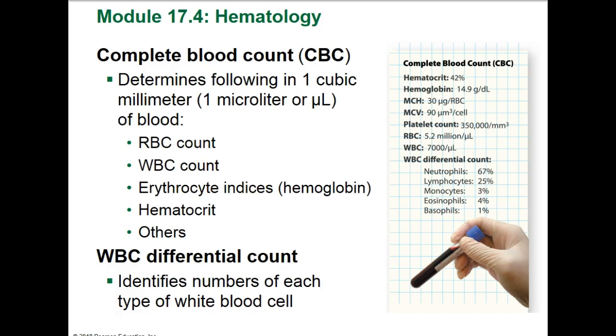And you see some of the normal ranges found over here on the right. And quite often we'll do a white blood cell differential count that identifies numbers of each type of white blood cell, which tells us a lot about whether you have certain infections or certain disorders as well. And we'll get into that.